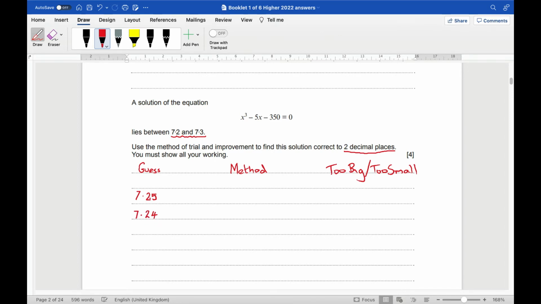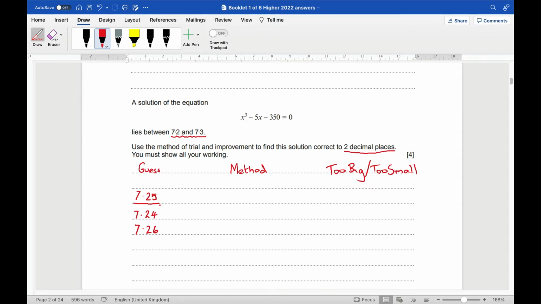And if this guess is too small, we'll make our answer bigger, something like 7.26, etc. Once we've got one of these to be too small and another one next to it too big, so we know what the answer's between, then our check will be 7.235 or 7.245 or something in the middle, okay?